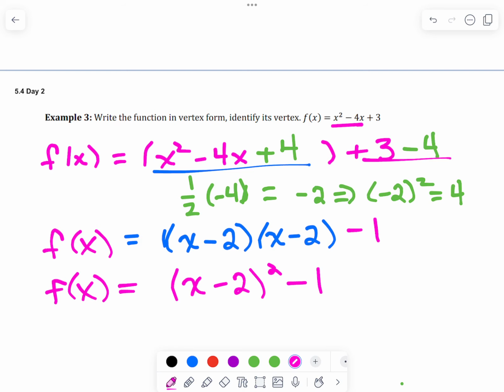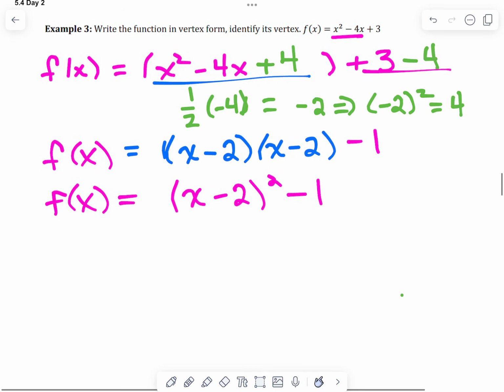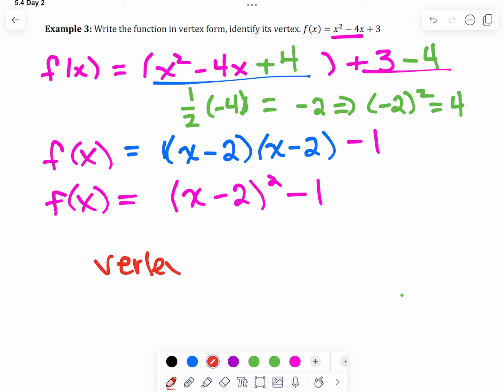Now we have it in vertex form. We can identify the vertex. Opposite h, so opposite negative 2 is positive 2. Same k, negative 1. So this is your h, that's your k. So the vertex is 2, negative 1.